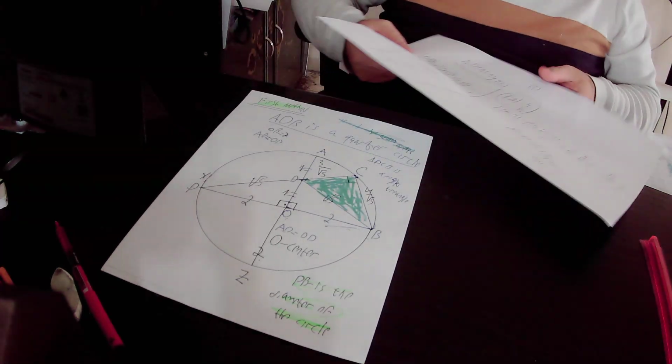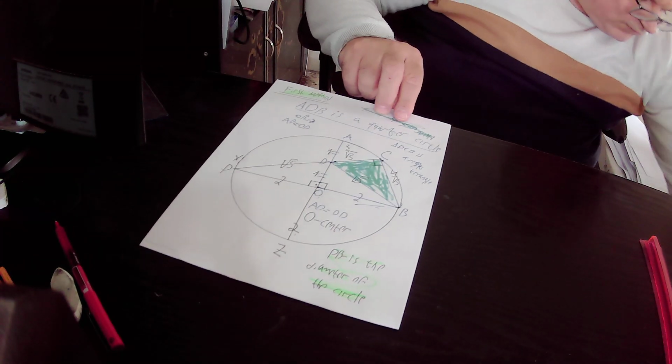Then I presented to you the second method to find the area of the right blue triangle DCB.